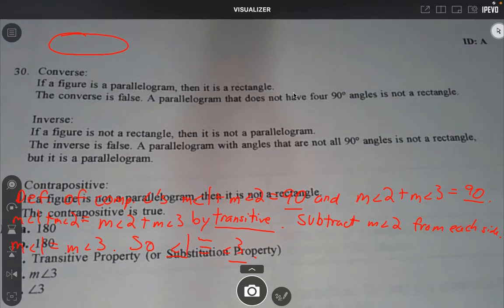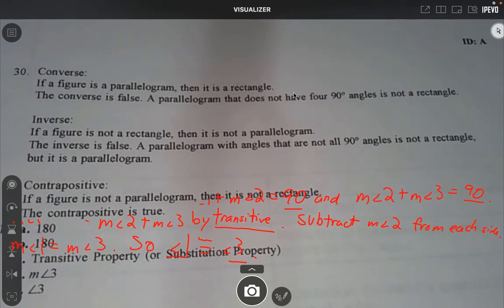So, number 30, the converse, remember you just flip it around. When I had the converse, it would have said, if a figure's a parallelogram, then it is a rectangle. And it's false. I just wanna know that y'all know the converse is false.